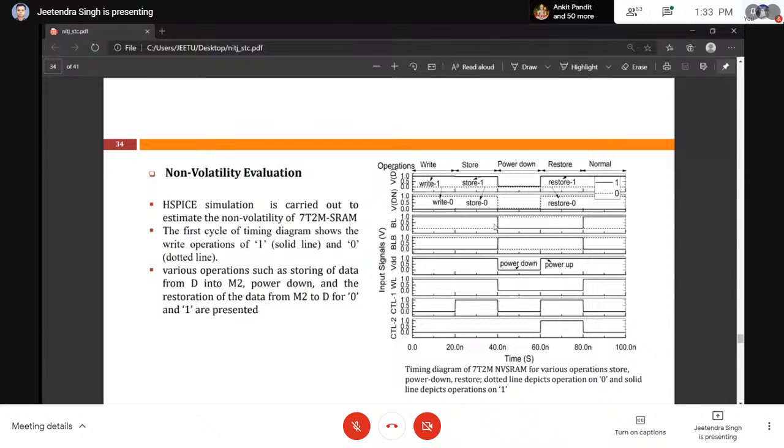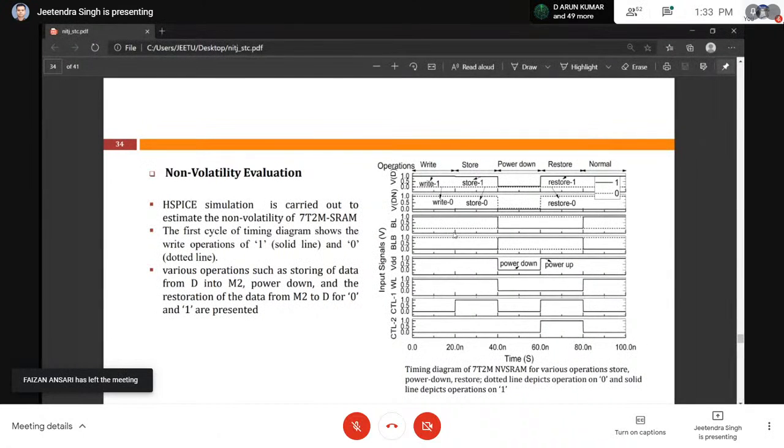Initially, in the storage state, you can see that control 1 is equal to 1, control 2 is equal to 0, and VDD is equal to 1, because we are storing. So our device is on.